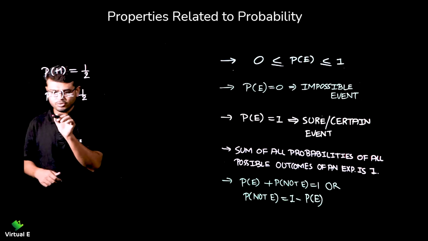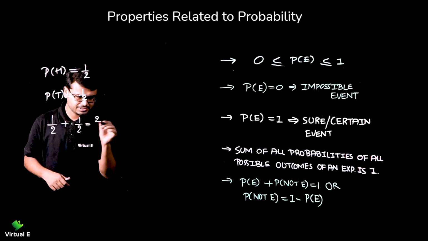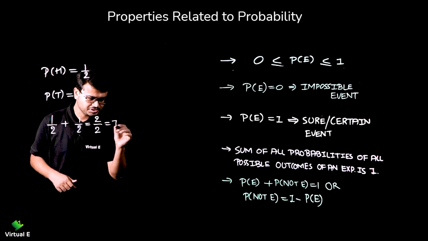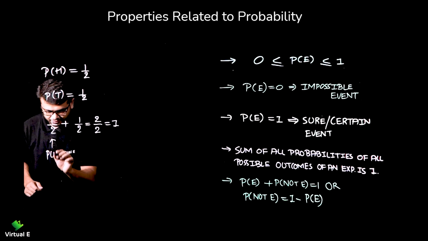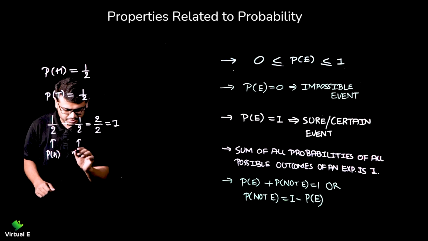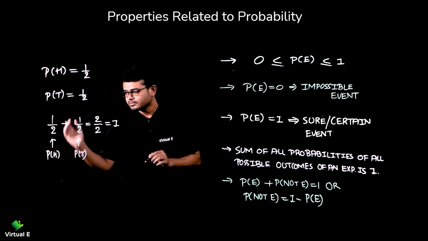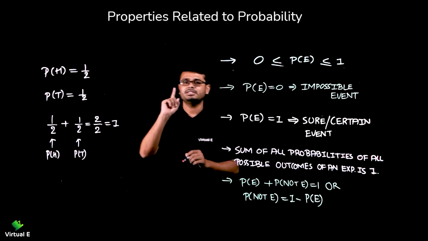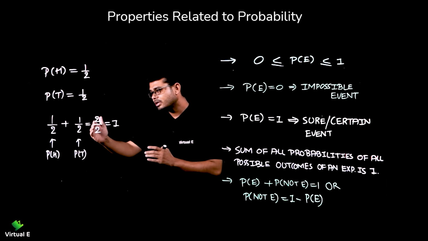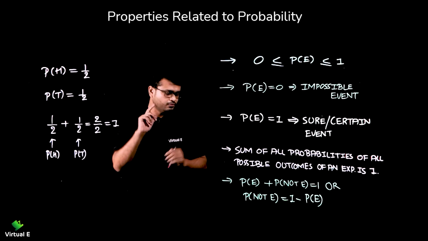And if you add both of them, 1 by 2 plus 1 by 2, that's 2 by 2. So the answer is 1, right? So if you add the probability of each outcome, you will get the answer as 1. If you have more outcomes, you can add one more probability, and you will still get the answer 1.